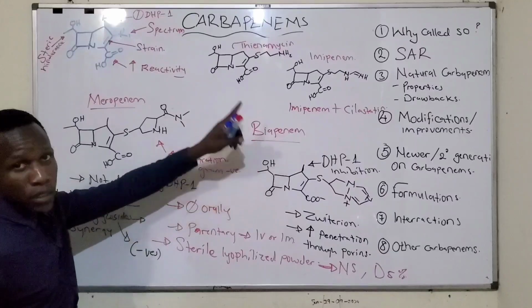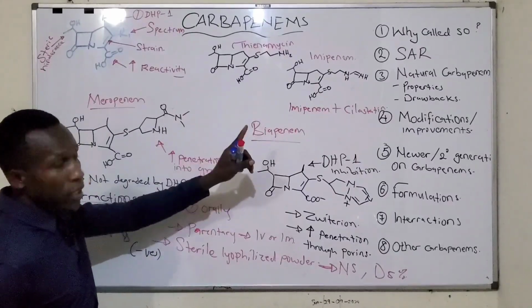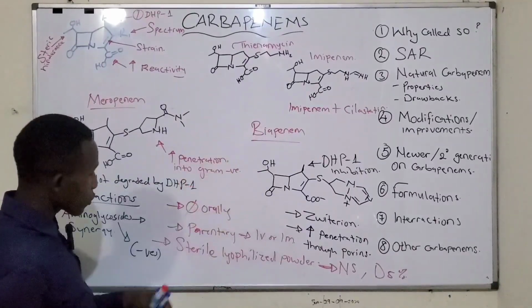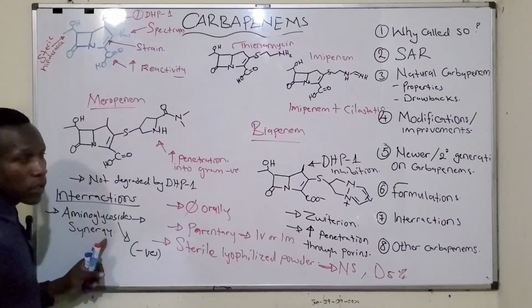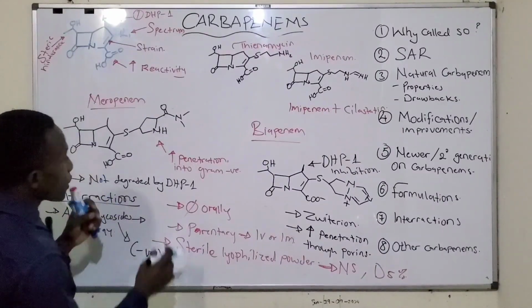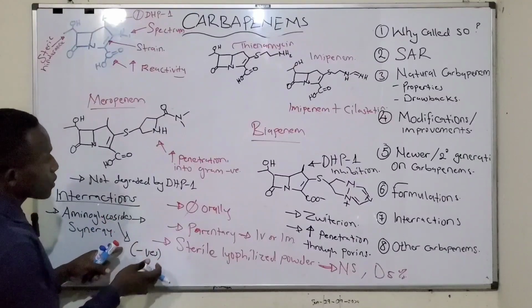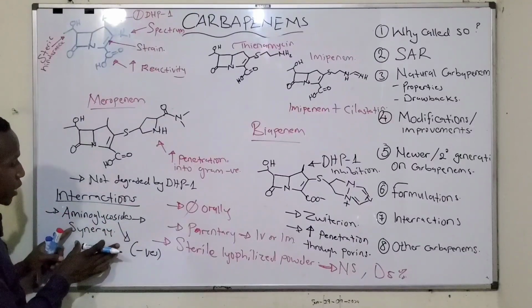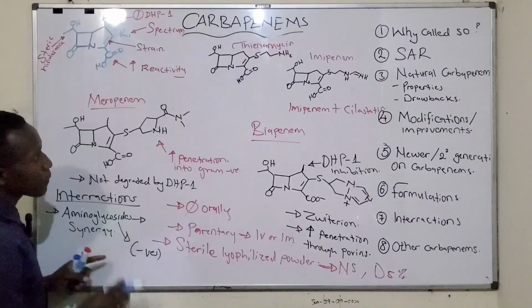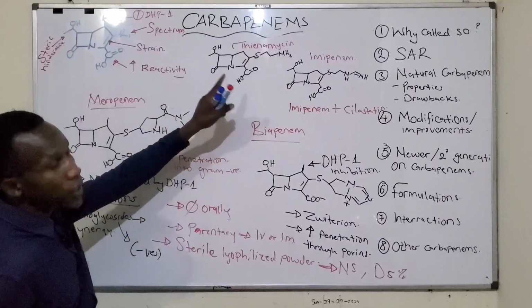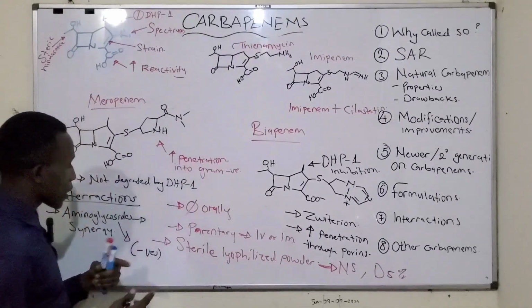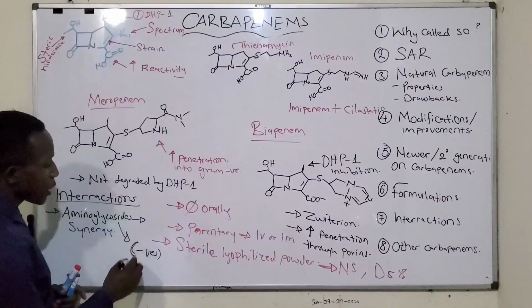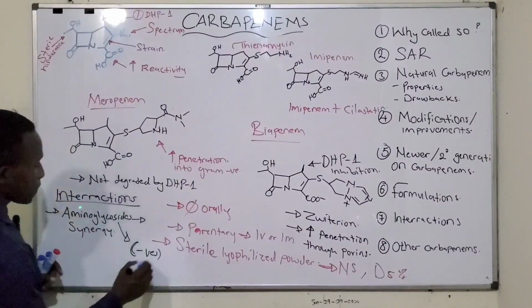And these drugs also target gram-negatives mostly, but they are also broad spectrum. So we shall have a synergistic reaction. Aminoglycosides are protein synthesis inhibitors, and these ones are cell wall synthesis inhibitors. So they have two different mechanisms of action, meaning that we shall have synergy.